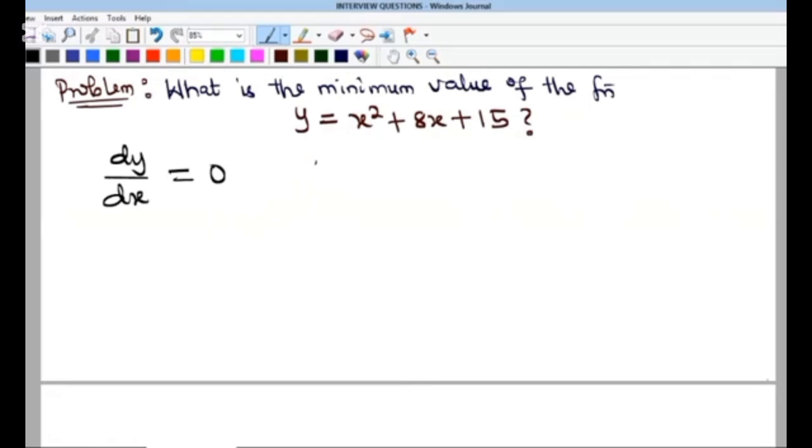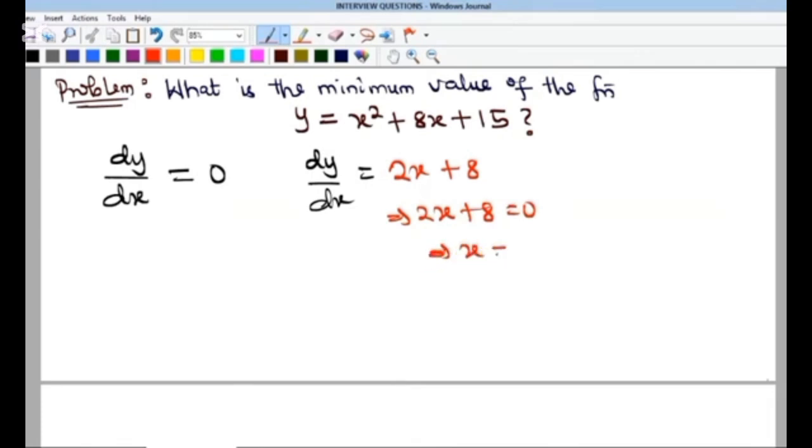And if we do that here, we are going to get that dy/dx is going to be equal to 2x plus 8. Okay, and then if I now equate this to 0, I am going to get that my x alone is going to be equal to -4. Of course, your 8 coming here will be -8, and then you divide both sides by 2.